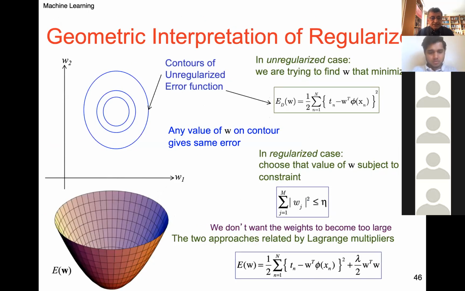So it's kind of interesting to look at the geometric interpretation of regularization. This picture here is showing you a bowl like this, which is what's called a convex function. There's a convex loss function or error function, and this is a two-dimensional cross-section of this bowl.